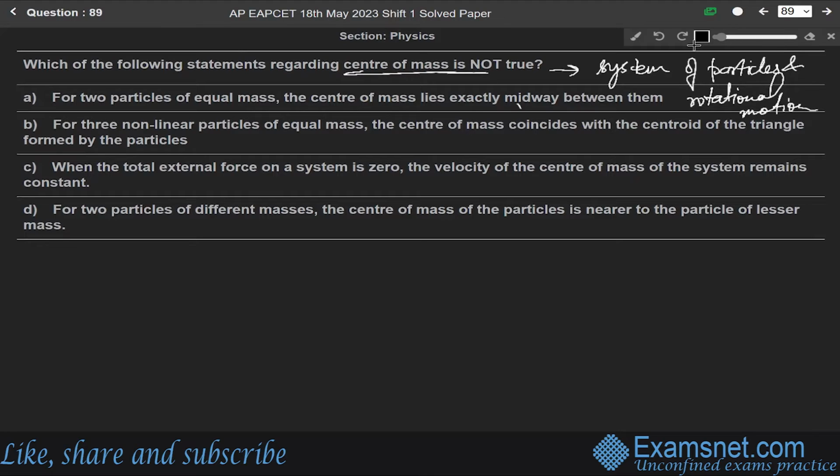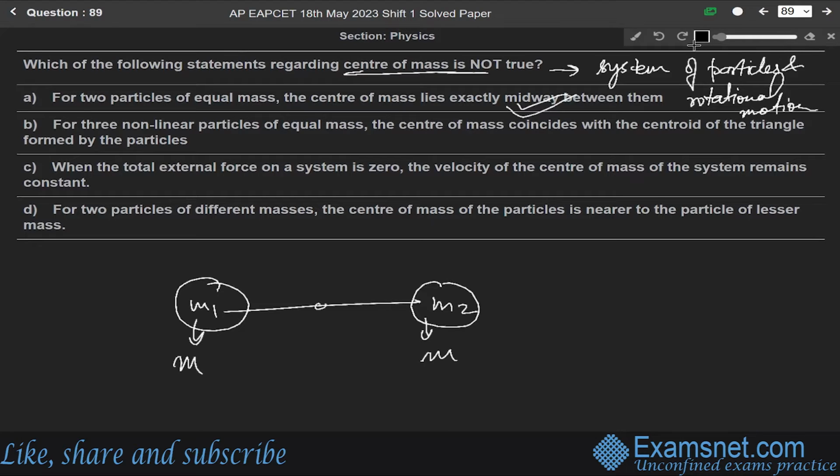This is a true statement. If there are two masses, m1 and m2, and they are equal, each having mass m, their center of mass will always lie midway between the two masses. So the first statement is true.